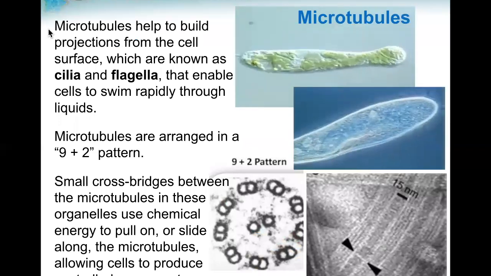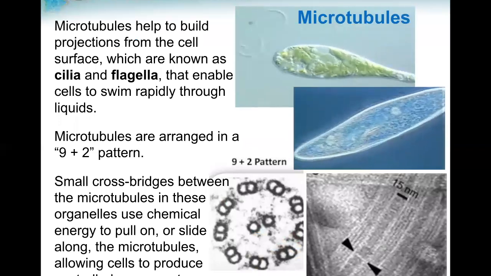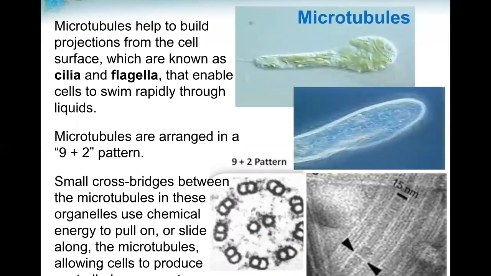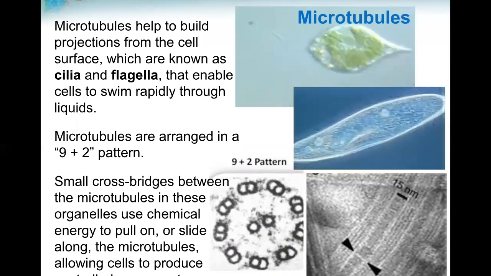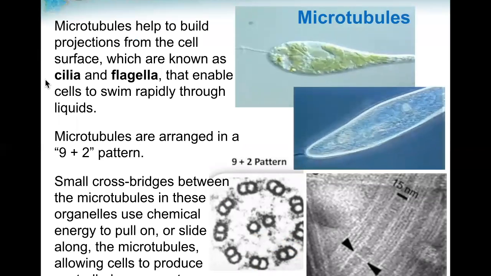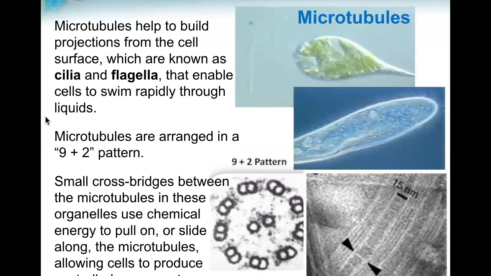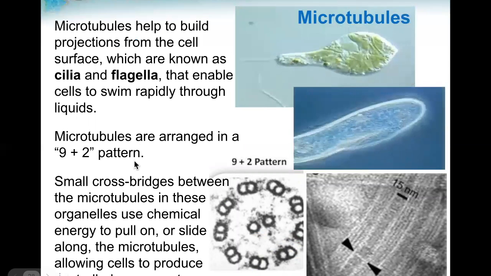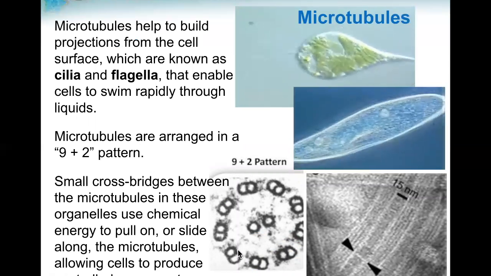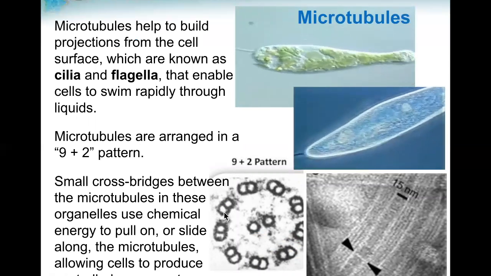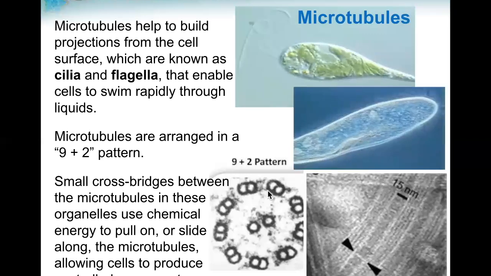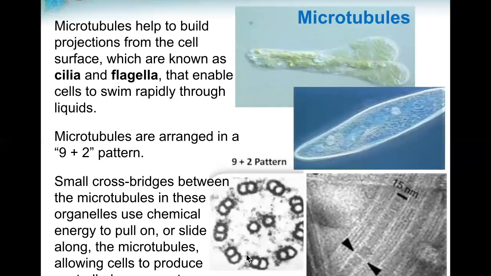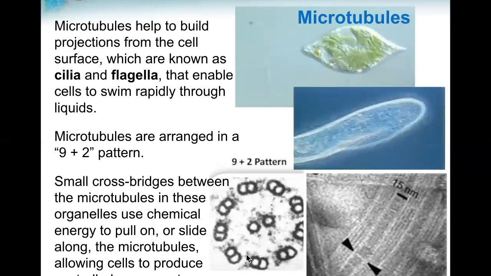Microtubules help to build projections from the cell surface, which are known as cilia or flagella. They enable cells to swim rapidly through liquids. Microtubules are arranged in a 9+2 pattern. This is the cross section of that microtubule, flagellum, or cilia.